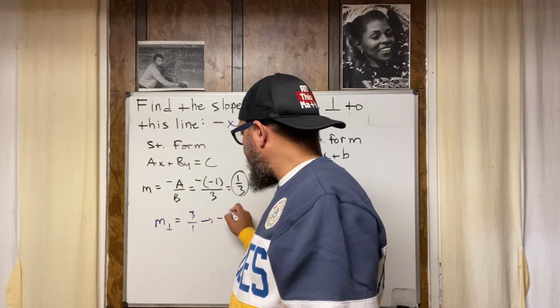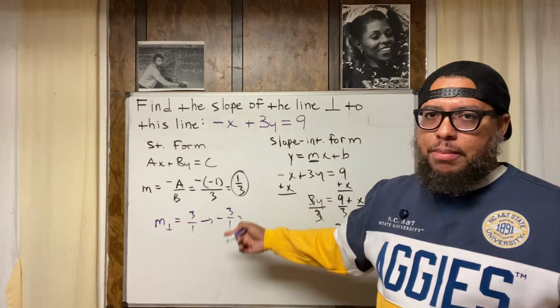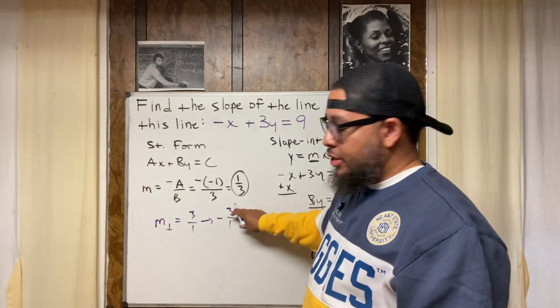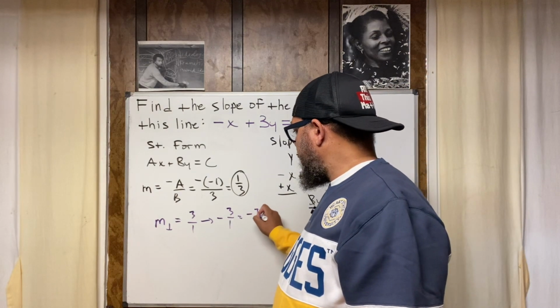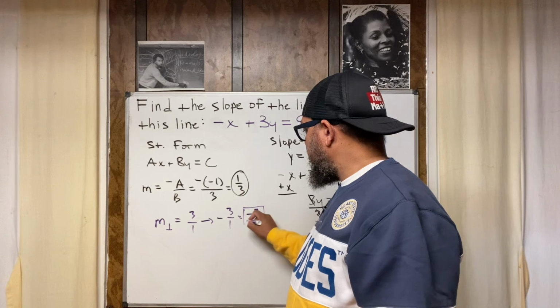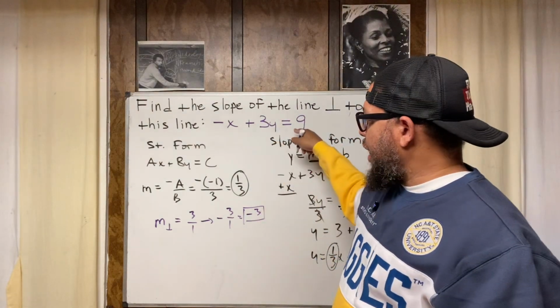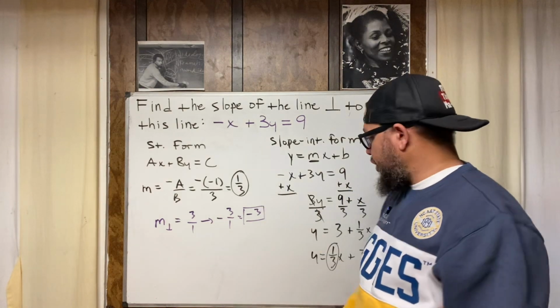Now we have negative 3 over 1. We can simplify. What's 3 divided by 1? Just 3. Anything divided by 1 is equal to the original dividend. So that's negative 3, the final answer. The slope of the line that is perpendicular to this line is negative 3.